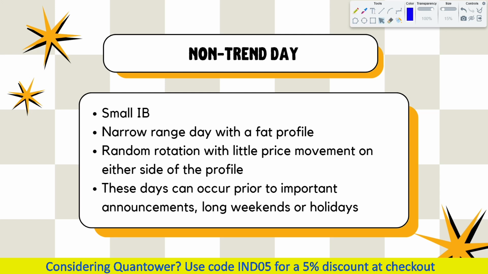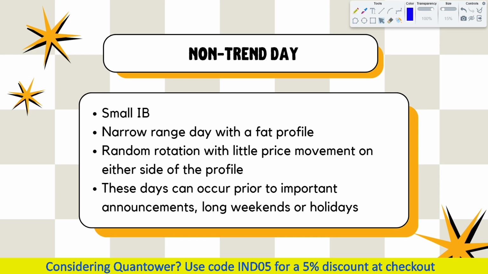Okay, just non-trend day, the percentage of occurring is very very less. Okay, and the range is very small. You call it as consolidation, right? Like non-trend day usually forms before a big event or long week off. Okay, for example, let's say there is a Fed outcome, and smart money are confused, or they have no clarity on what that particular outcome is going to be.